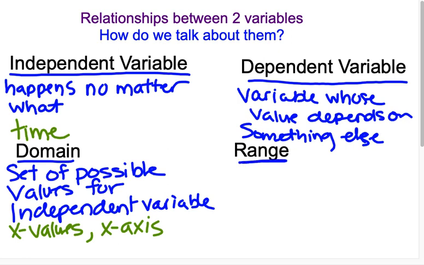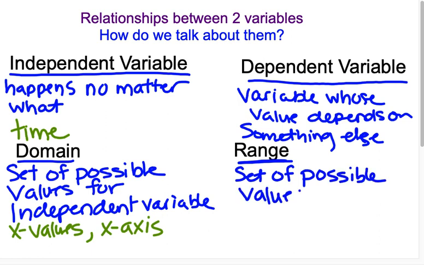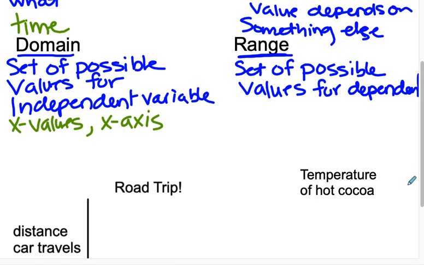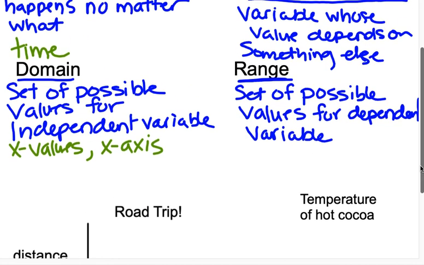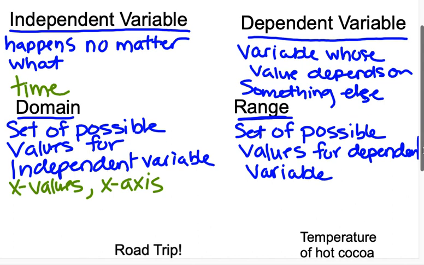The range, I wrote it over here underneath the dependent variable because it is the set of possible values for the dependent variable. I wrote the range underneath the dependent variable because they match up together, and they will be considered your y values.